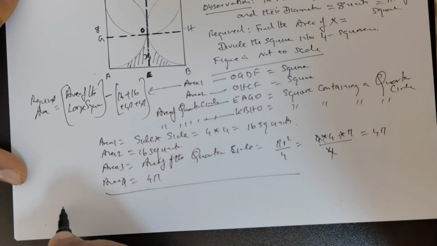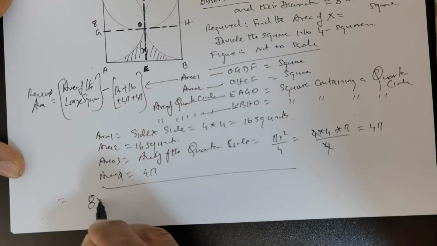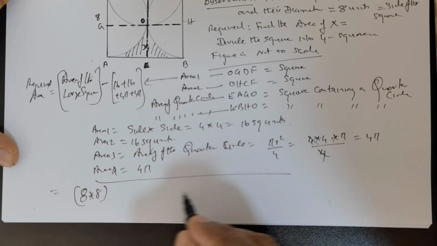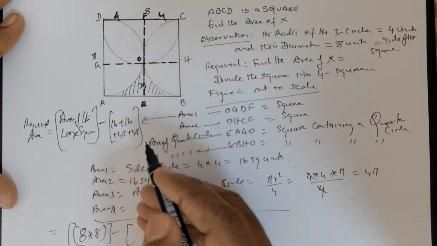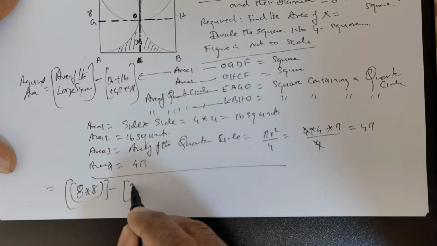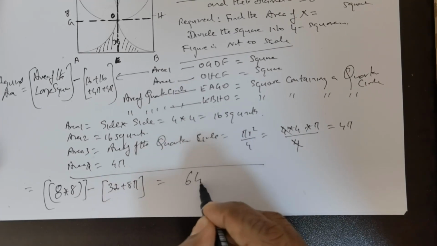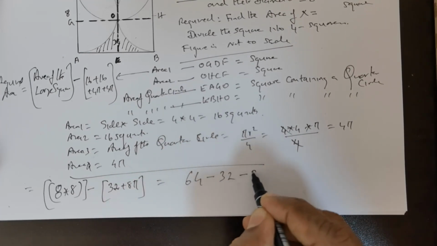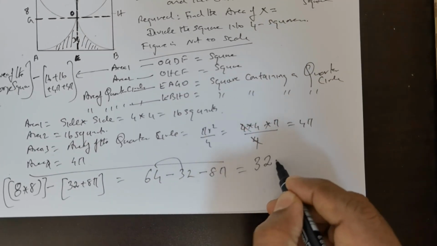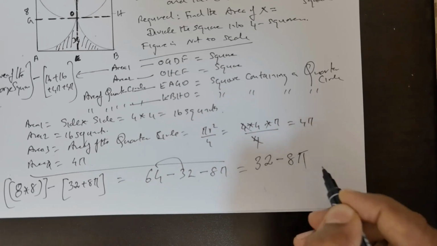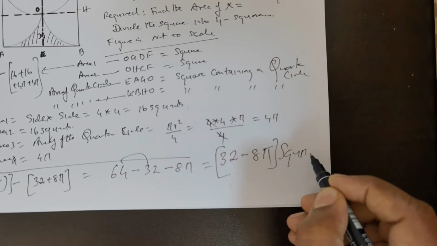So area of the large square, the side is 8 units, 8 into 8. Minus 16 plus 16 is 32, and 4 pi plus 4 pi is 8 pi. 32 plus 8 pi. This is equal to 64 minus 32 minus 8 pi. Now this is going to give me 32 minus 8 times pi, and this is the required area.